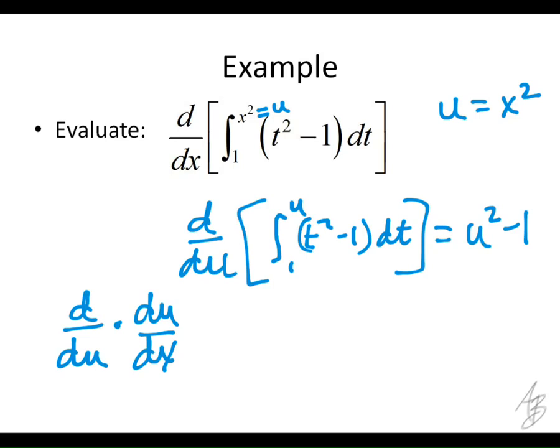And if you remember when we did the chain rule, these du's cancel each other out, and then we get d dx. Okay, so we want d du times du dx. Well, d du, the derivative with respect to u we have here, that's u squared minus 1. But then we also have to multiply that by du dx. And what is du dx going to be? We get that from here.